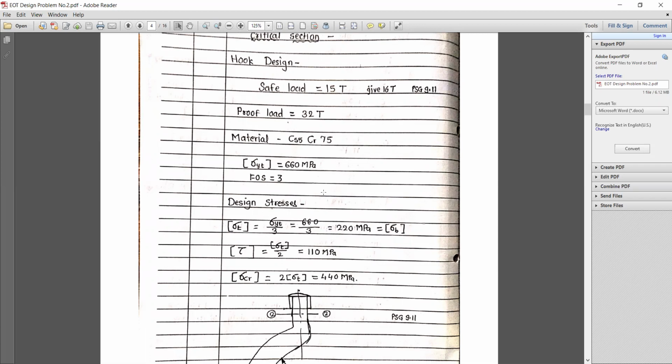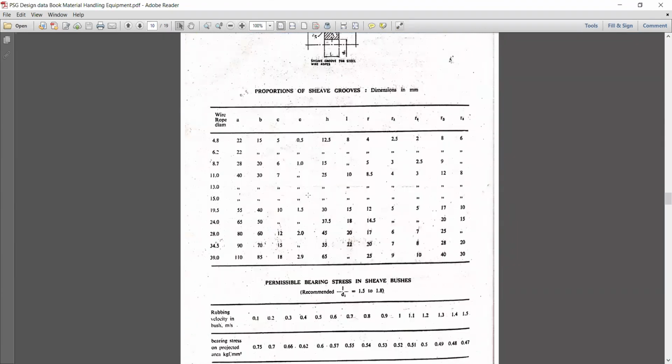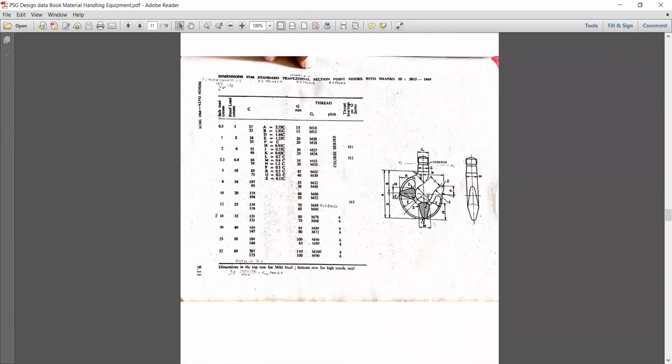Referring to page number 9.11, the standard values are also provided. So look here, the given standard value is 16 safe load.